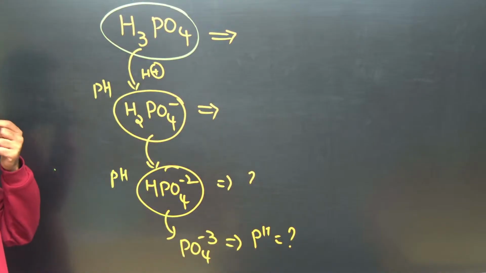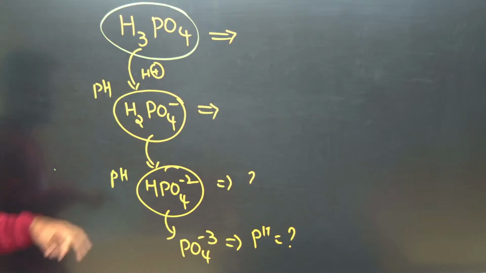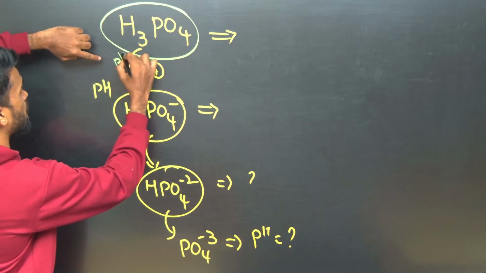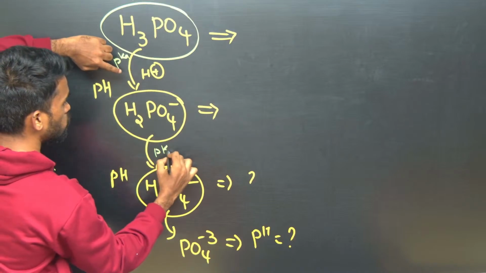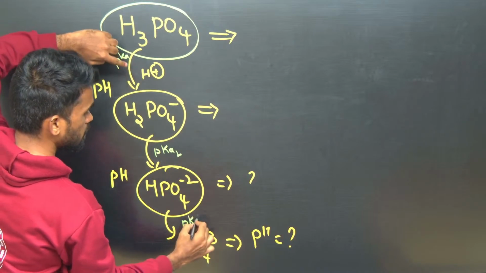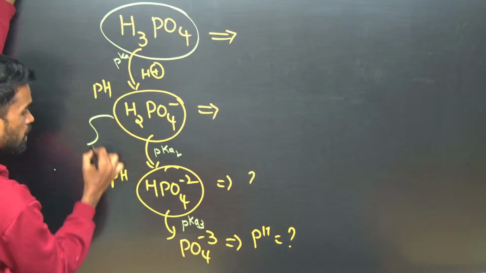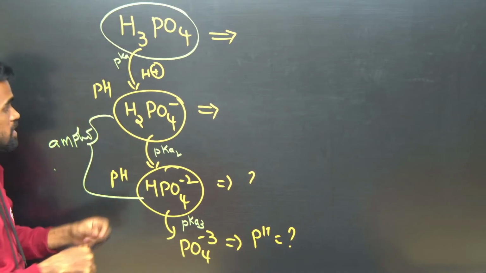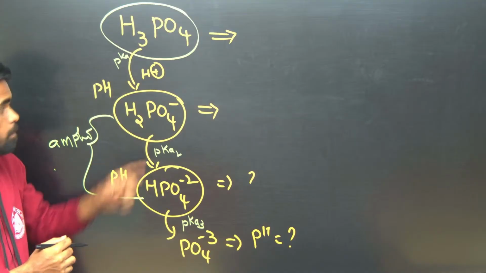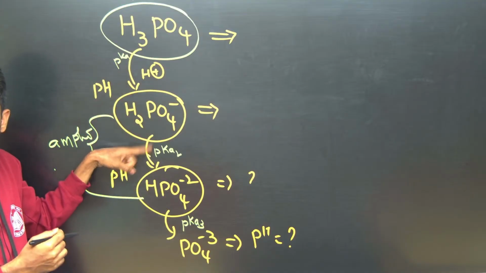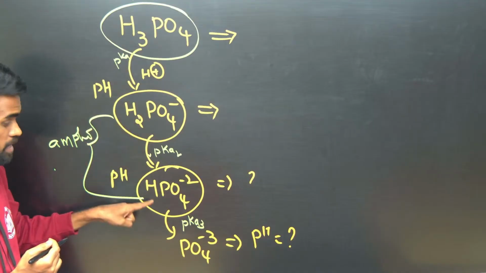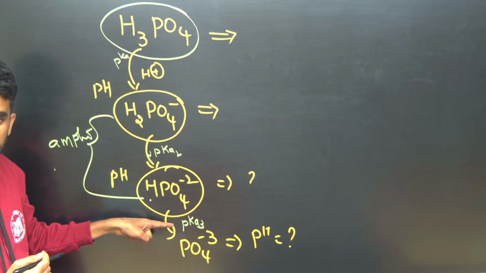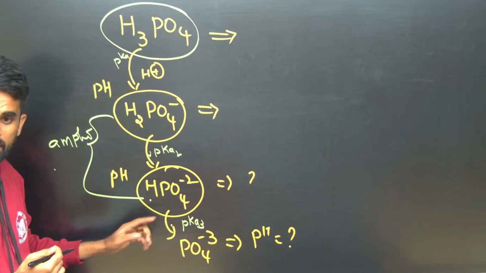Is the second one amphiprotic, and the third one also? But here it is involving pKa1, here pKa2, and here pKa3. That's it, simple. These two are amphiprotic. So the simple pH formula is pKa1 plus pKa2 by 2 for this ion, and for this one pKa2 plus pKa3 by 2.